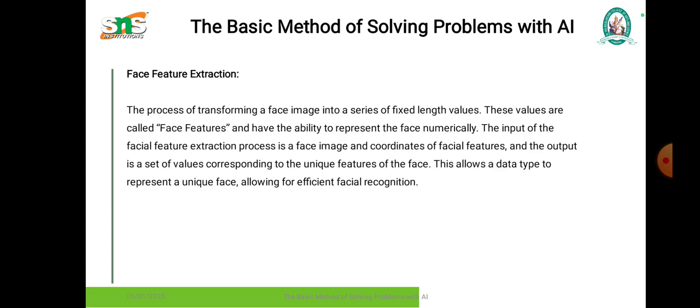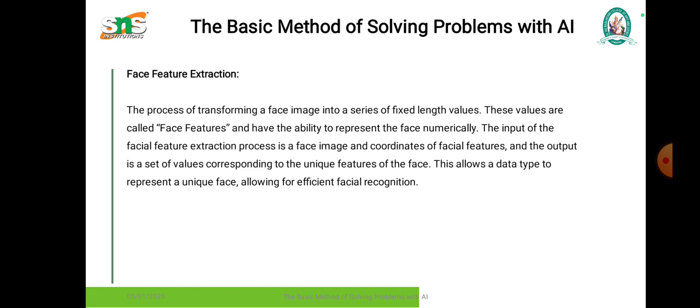The second process is face feature extraction. Face feature extraction is the process of transforming a face image into a series of fixed-length values. These values are called face features, and they have the ability to represent the face numerically.